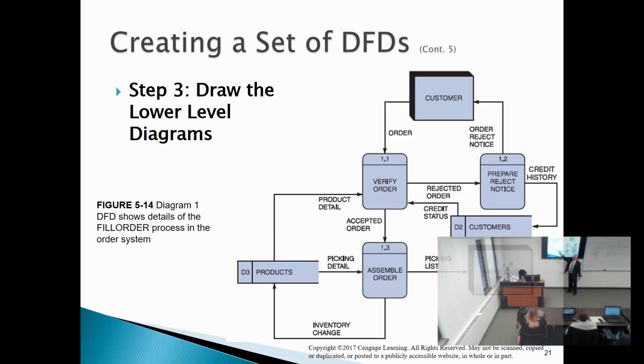So maybe this data flow here where we look at product details. Okay. And so if we have the products in stock, then that would be verifying the order. If not, we're going to reject the order and prepare a notice to send back to the customer.